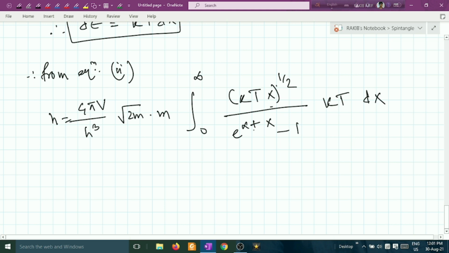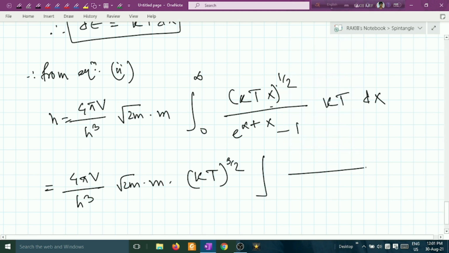I think I am correct. Check this thing, because this is the dE. Just wait for a while. Now let me check this out. 4 pi V upon h cubed, here it is 2m times m, and here (kT) to the power 3 by 2 will be taken out of the integration, and the integration will be on x to the power half dx over e to the power alpha plus x minus 1. I think I'm done.